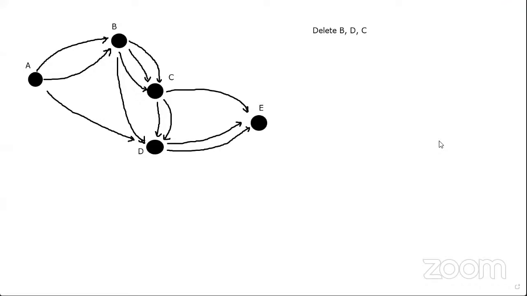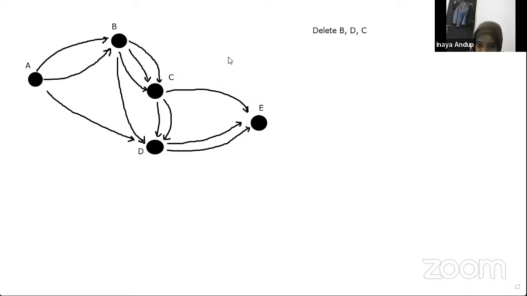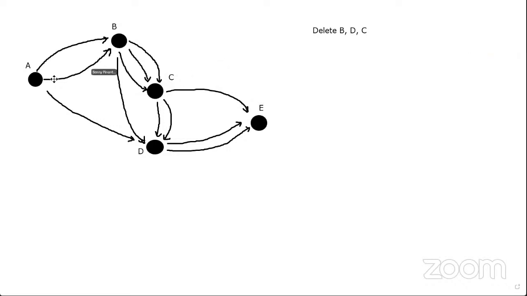From A to C via B, how many ways? Six. Yeah, so there are 6 ways from here to here.